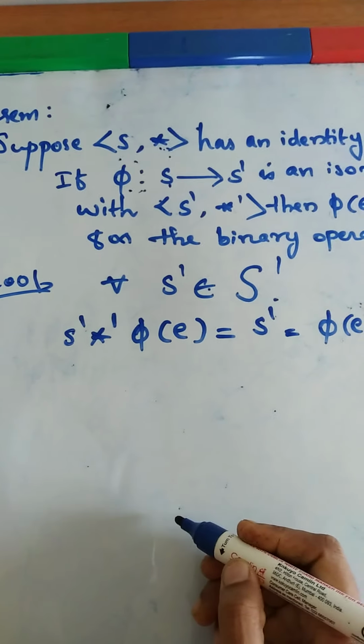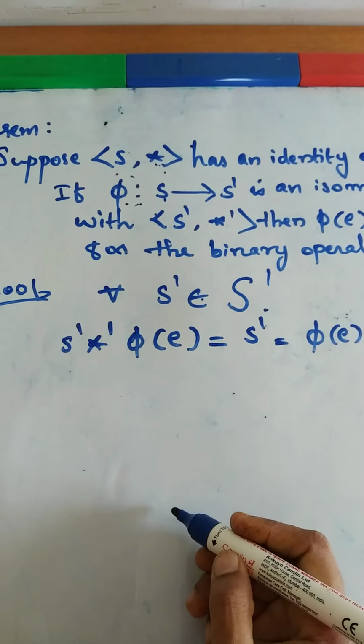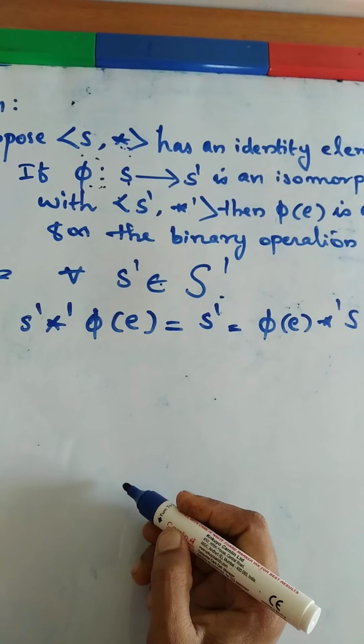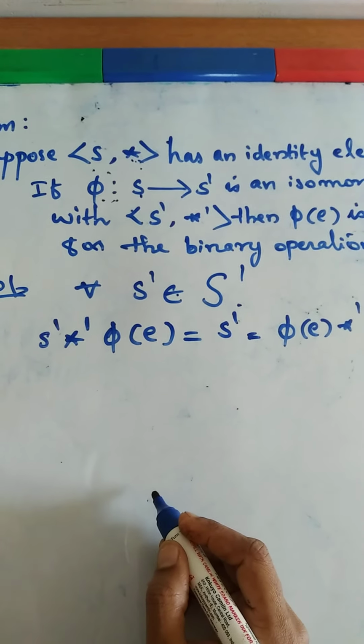This we need to prove. So how will we show that S dash star dash phi of E is equal to S dash, which is equal to phi of E star dash S dash?